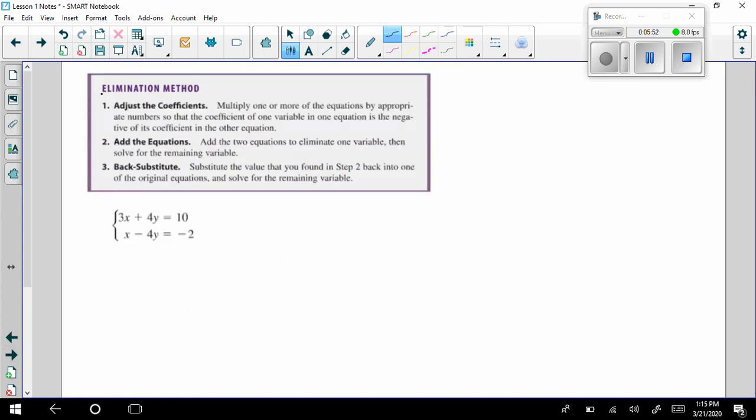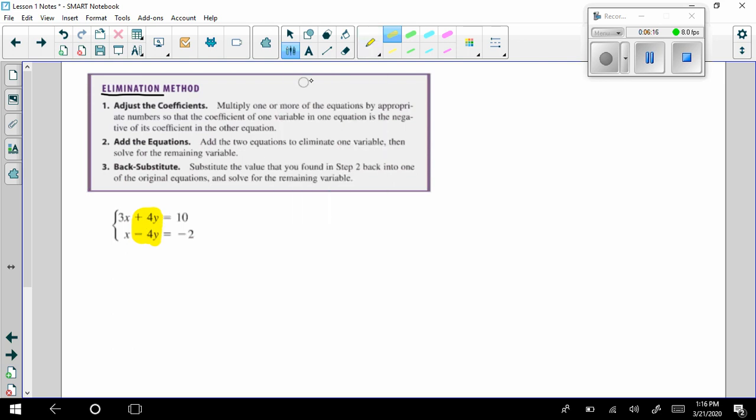The next method is elimination. We are literally eliminating one of the variables. So adjust the coefficients so that they match. This one is already set up for elimination. We can do an example where they're not. But by match, we're just looking at the fact that these are both 4s. One is positive, one is negative.